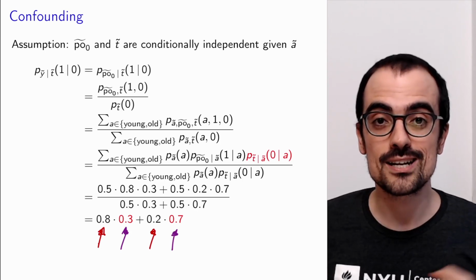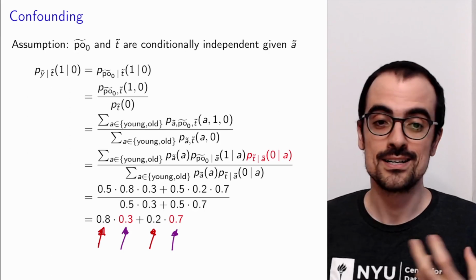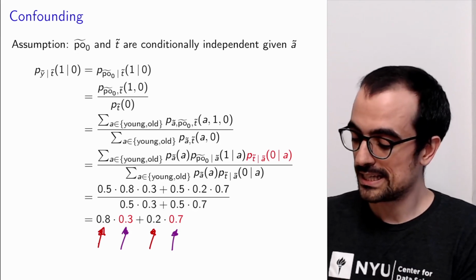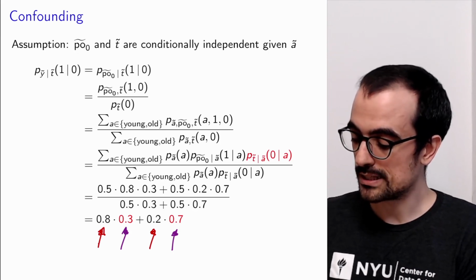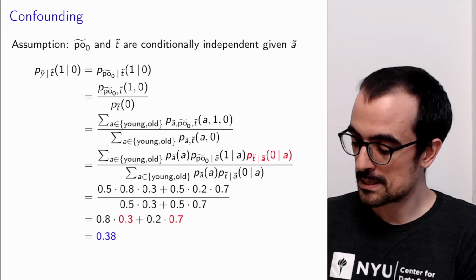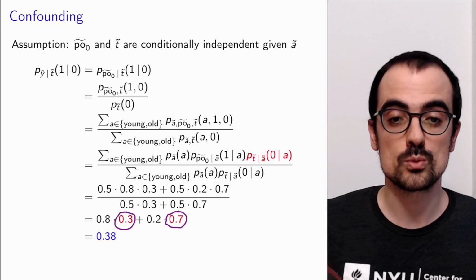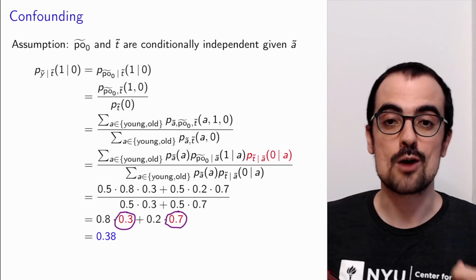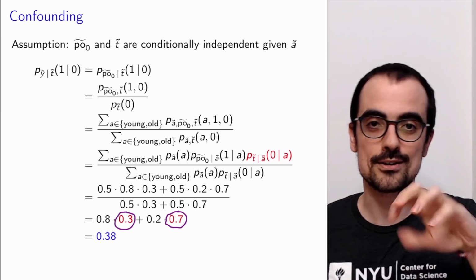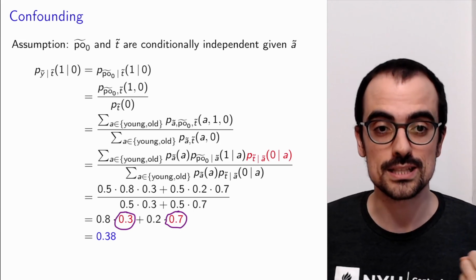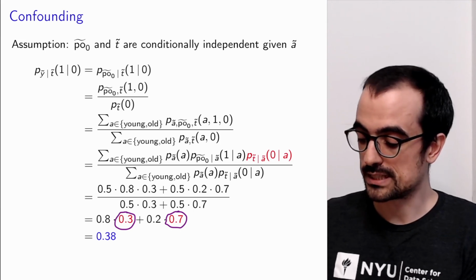And the issue here is that there's a strong confounding factor, in the sense that this number is completely going to be governed by these two numbers, which is how much treatment we're giving to young people and old people. This is completely distorting the rate of recovery that we observe.